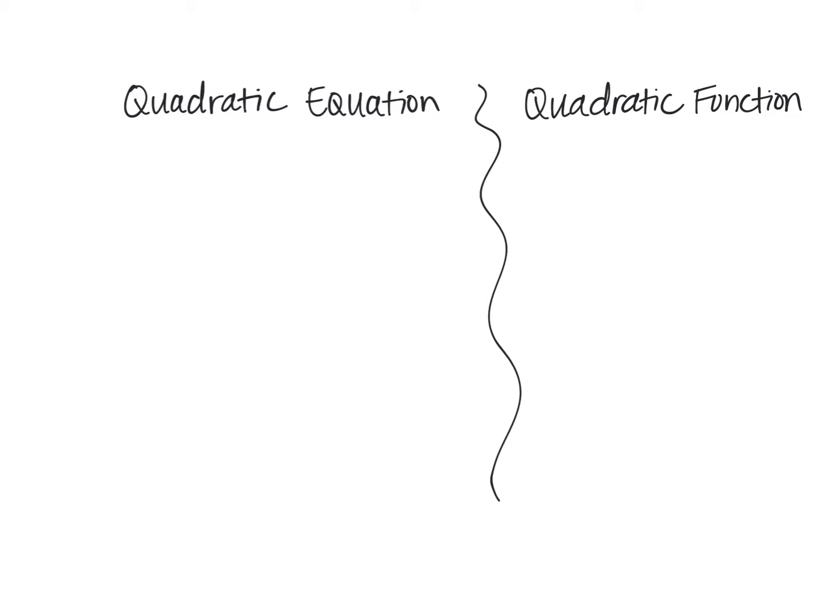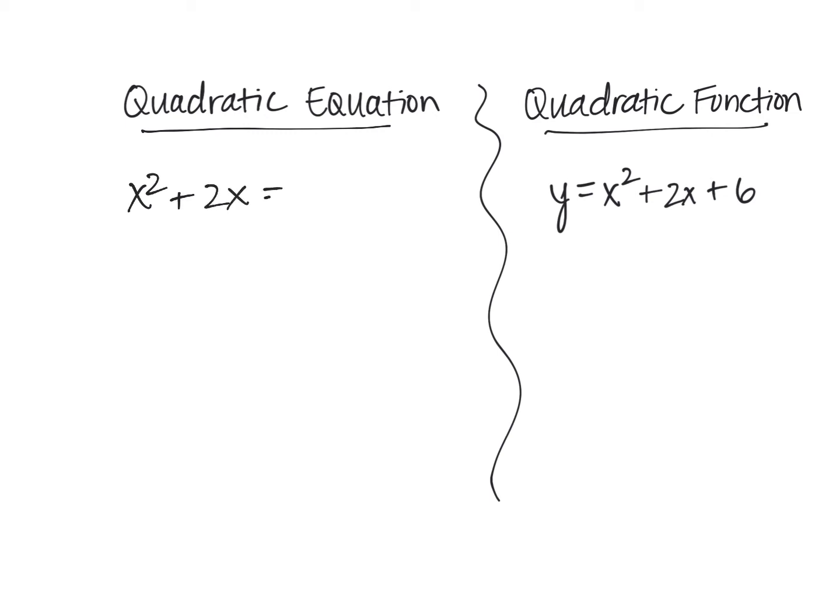So yesterday I started talking to you guys about the difference between a quadratic equation and a quadratic function. A quadratic function is something like y equals x squared plus 2x plus 6. A quadratic equation would be something without the y, where it only has one variable, like x squared plus 2x equals 6.